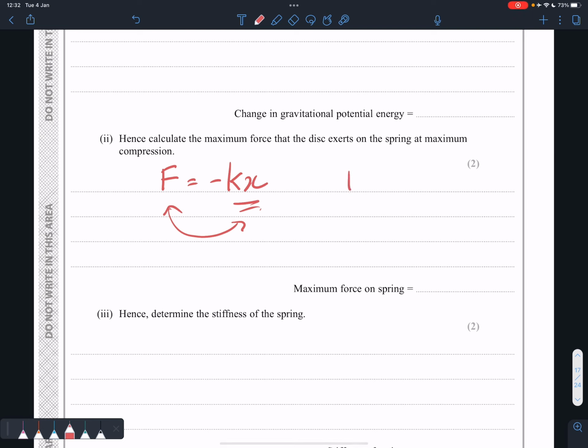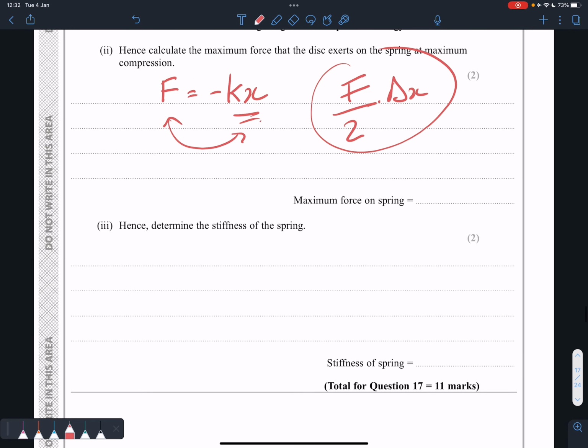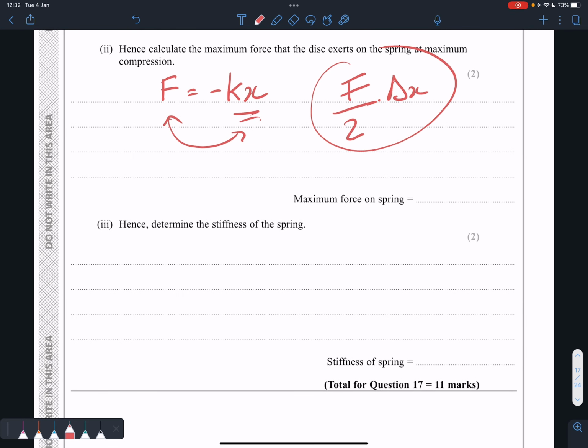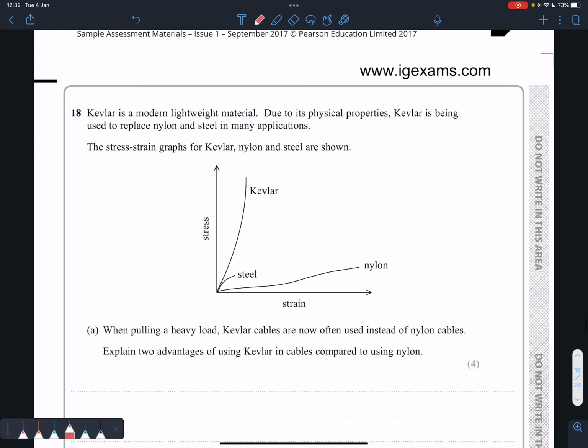So it's actually the force, or the maximum force, divided by 2 times the extension. You can work out what's going on there. Hence determine the stiffness of the spring. So you can then work back, if you've got the force, to work out this k. Okay. Is this the last question?